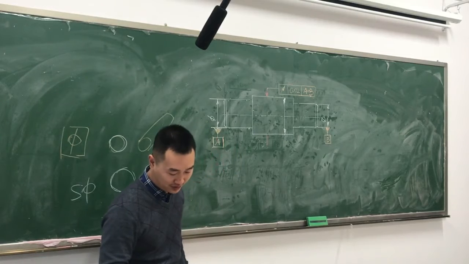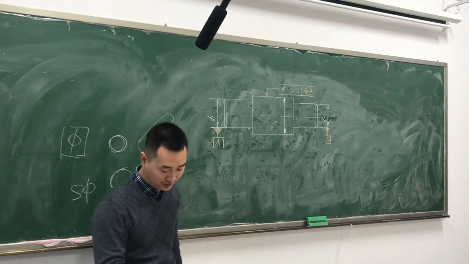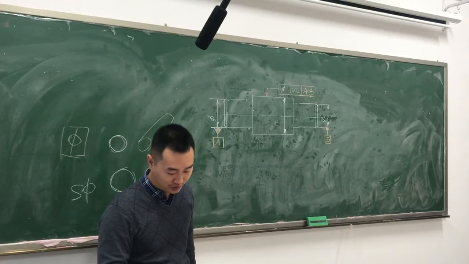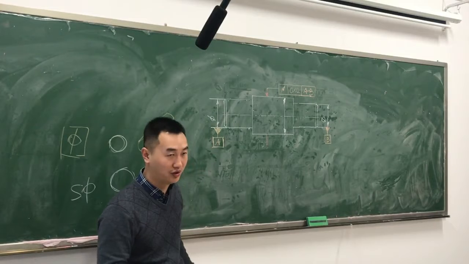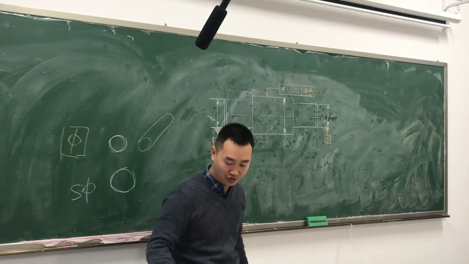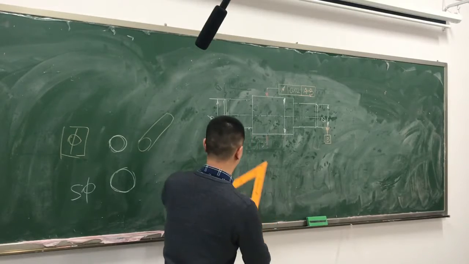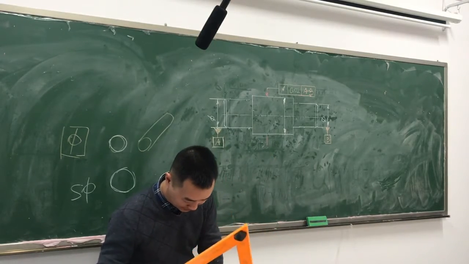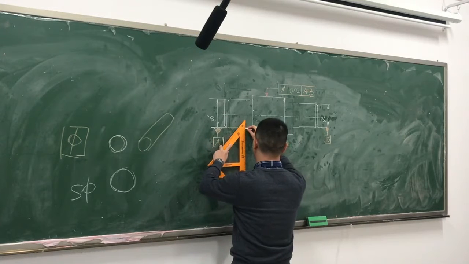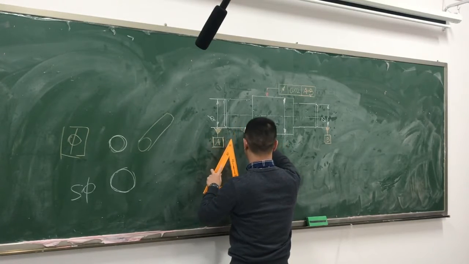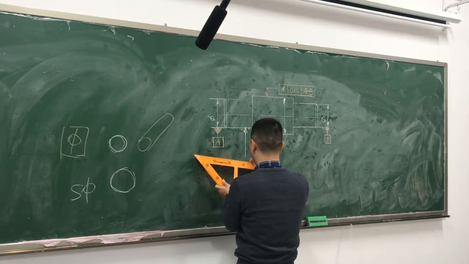But this one has some mistake. Why is it not correct? Because the tolerance symbol should always be put in the first rectangle, right? So it's a very clear mistake. You just need to correct it. Put the symbol first.